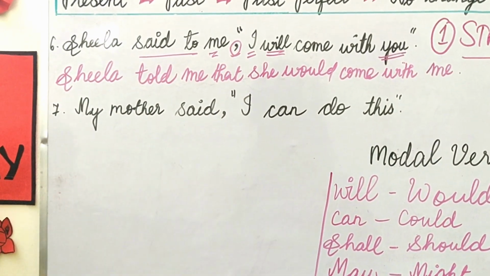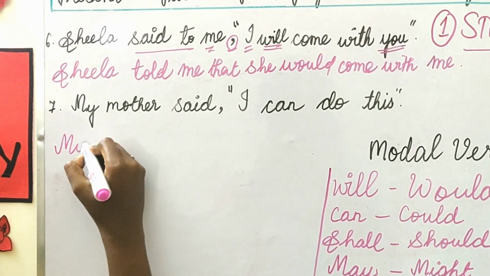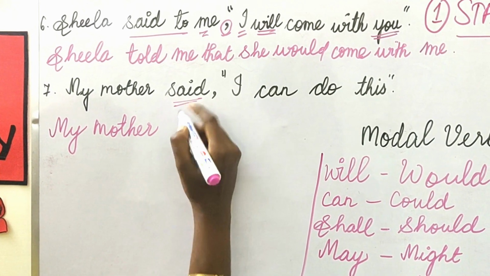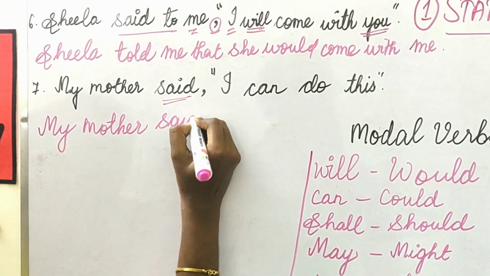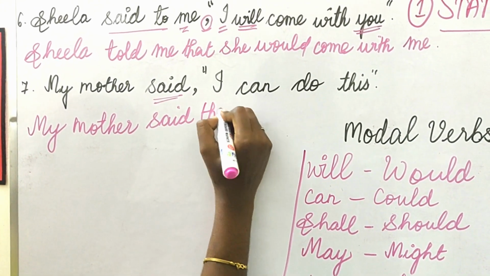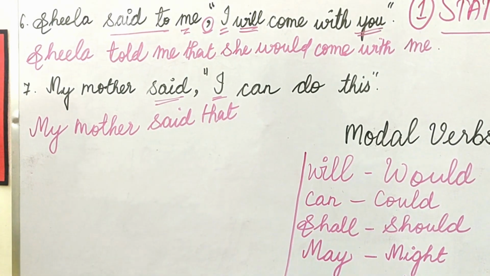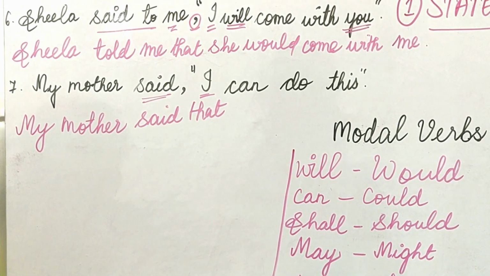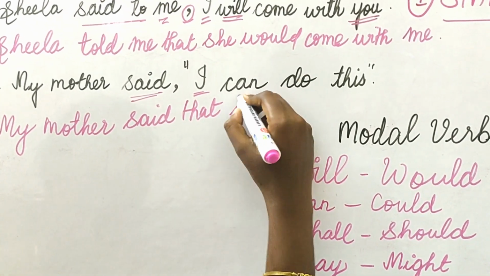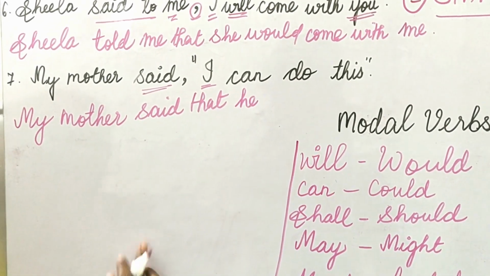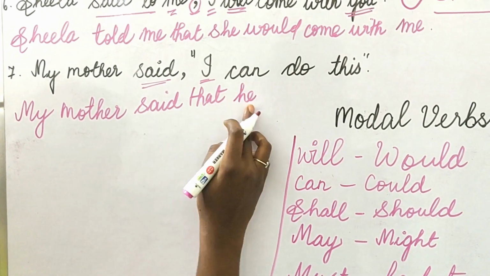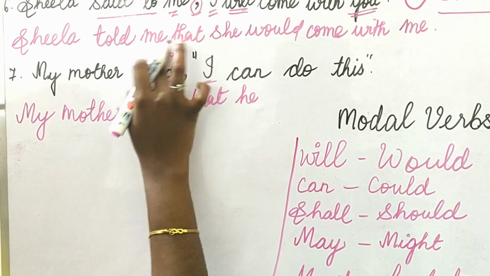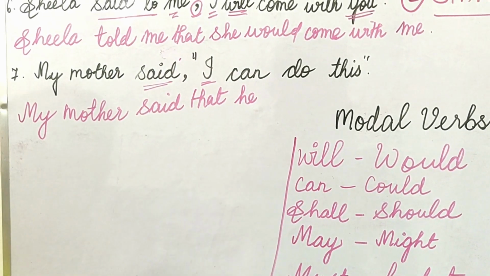This is the last example. My mother. What's the reporting verb? Said is said only, isn't it? Said, conjunction that. "I" refers to he or she. Let's keep he itself. My mother said that he. Here, to whom is not mentioned, so we can assume a person.